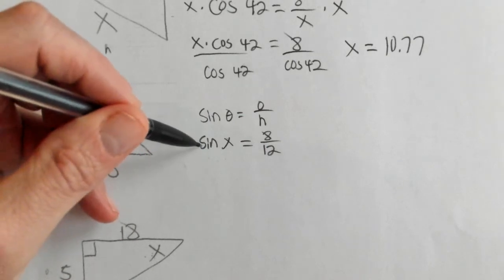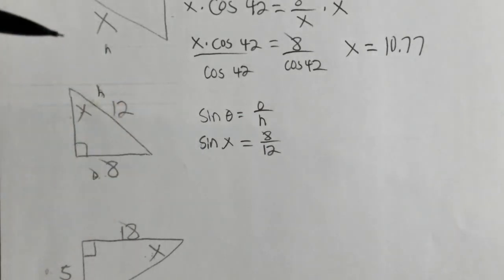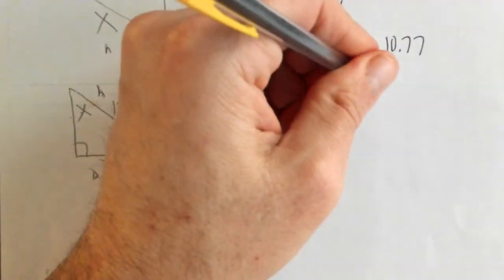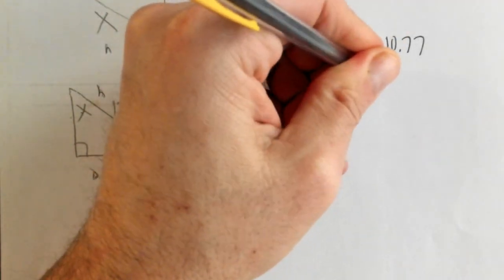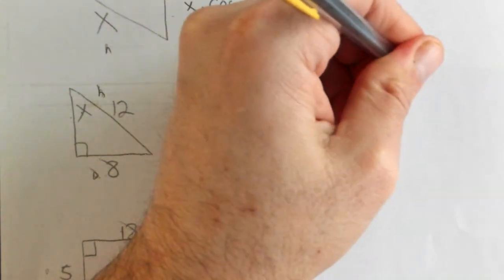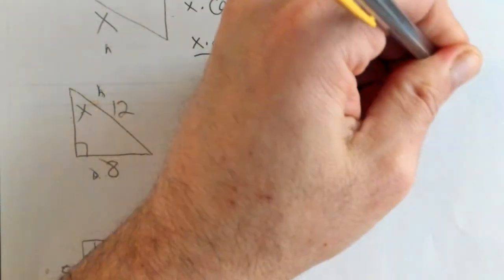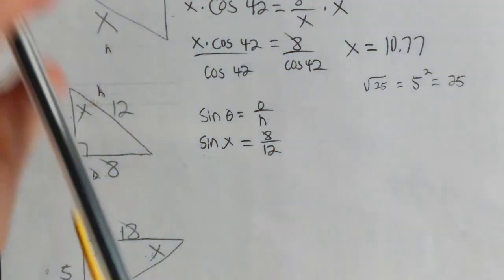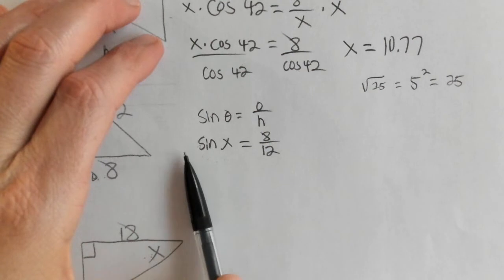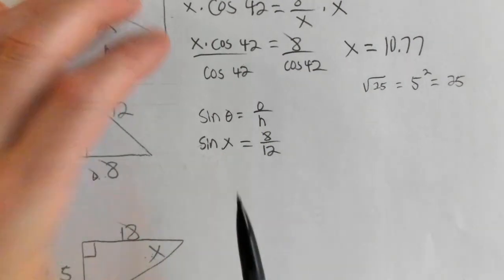So for example, if I take the square root of 25, that's equal to 5. But then if I turn around and square it, I'm back to the number I started with, 25. So I need to find the function that undoes sine so I can get back to the number that I started with, which is x.